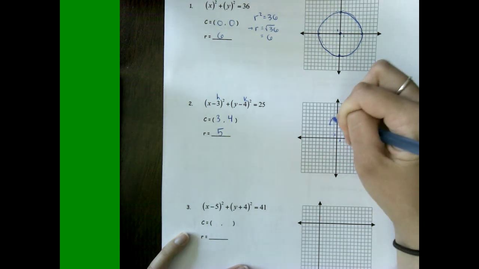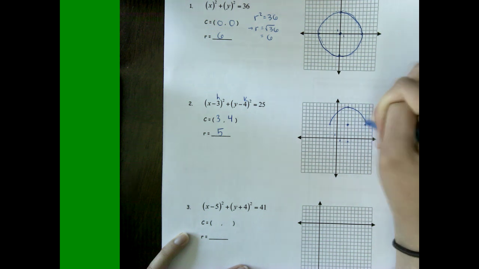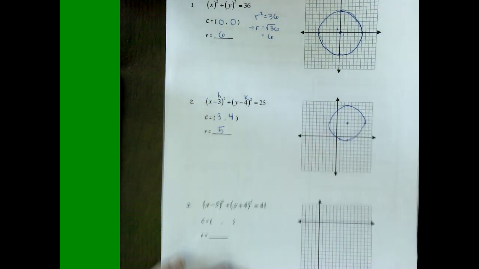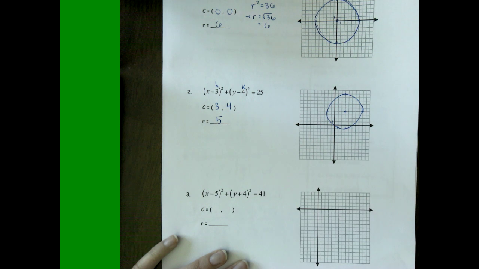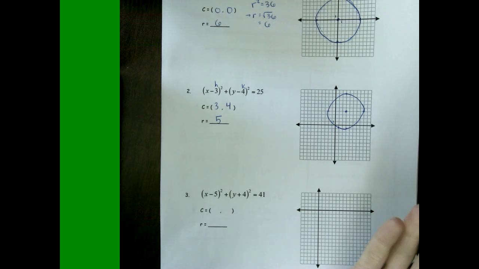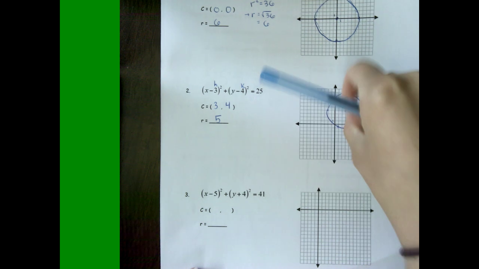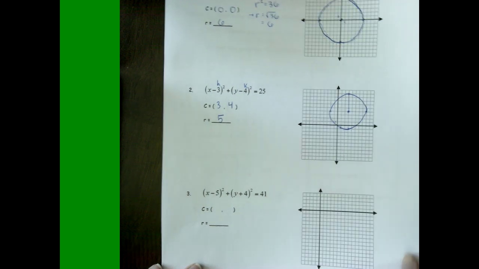And then that's your circle. Not a perfect one. If you have a compass, you could use that. You could just measure this with a compass and then spin it, you'll get a nicer circle.